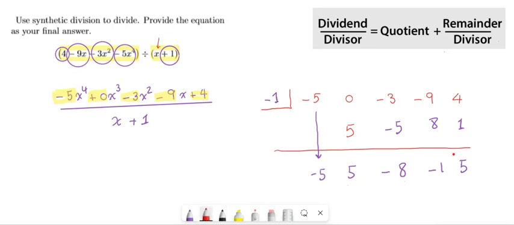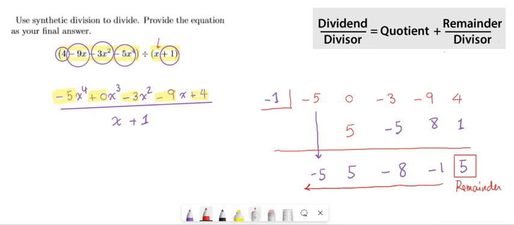So, interpretation of the result: the last number here is going to be your remainder. And this sequence of numbers is nothing else than the coefficients of the quotient. In other words, this is your quotient.